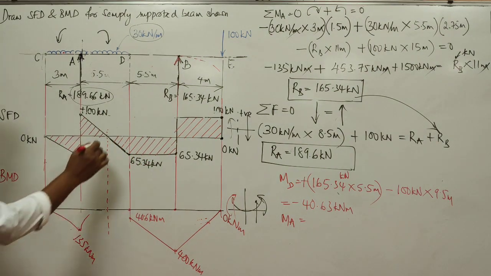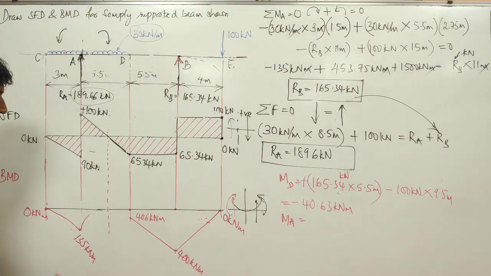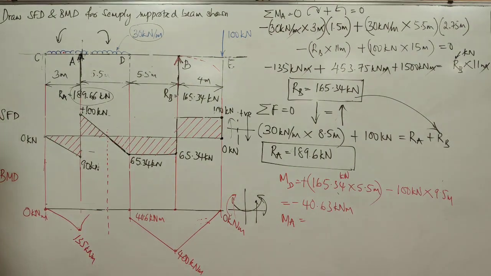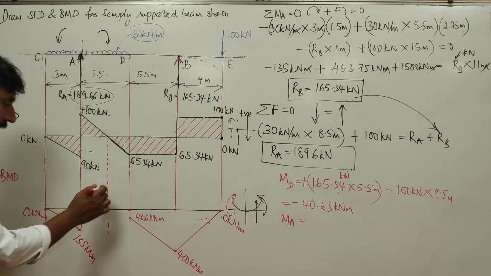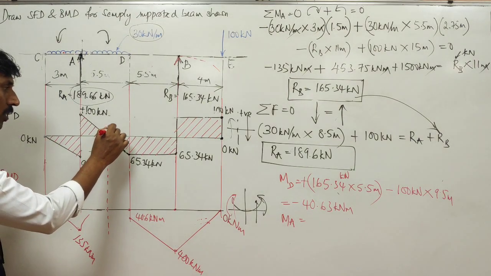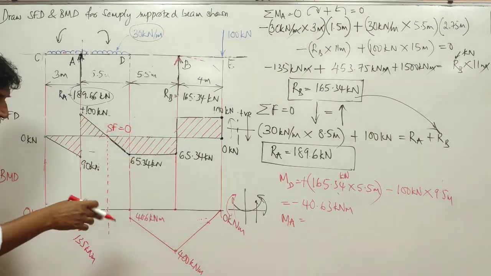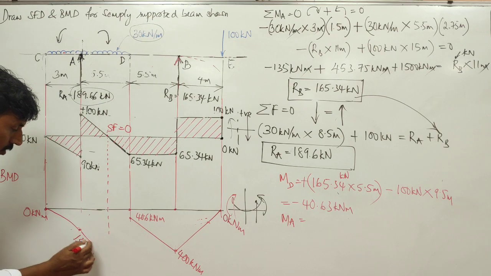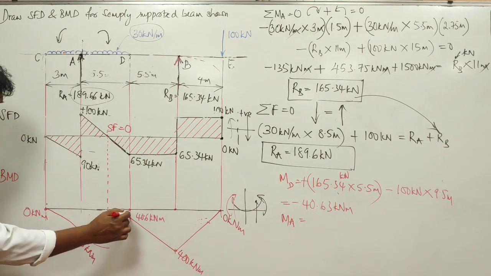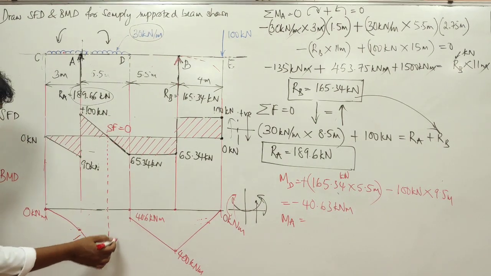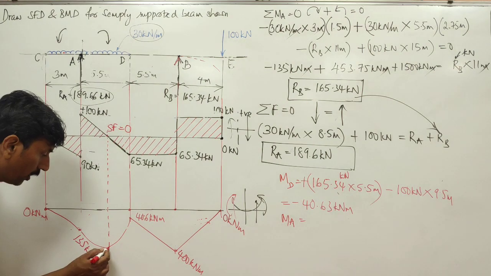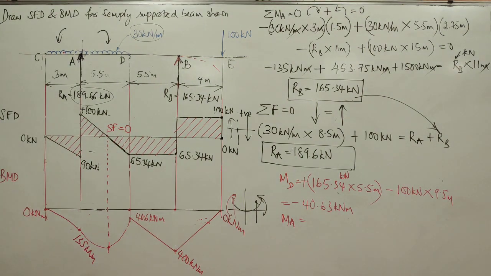So at some point here it will be the maximum, and then again it starts getting deducted. So this will be the point wherever shear force is 0, that point will give you the maximum bending moment. The maximum bending moment could be like this, and it can reach a value like this, and again it can decrease. What is the value here at this point that you have to find out?